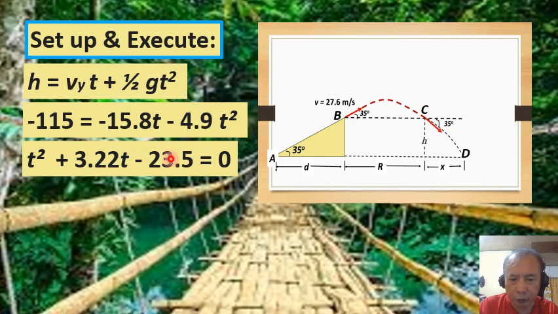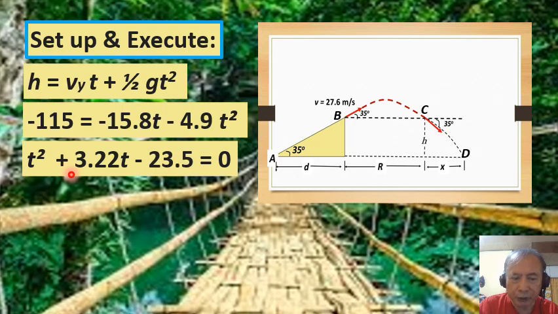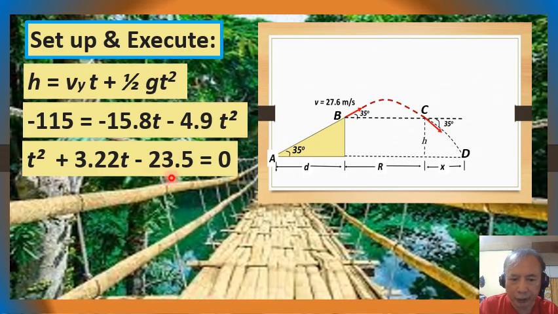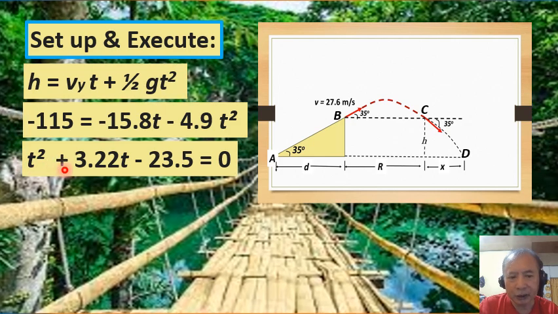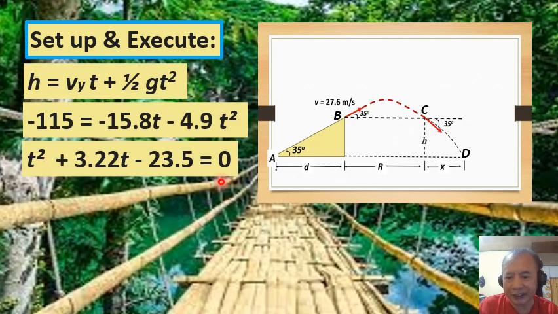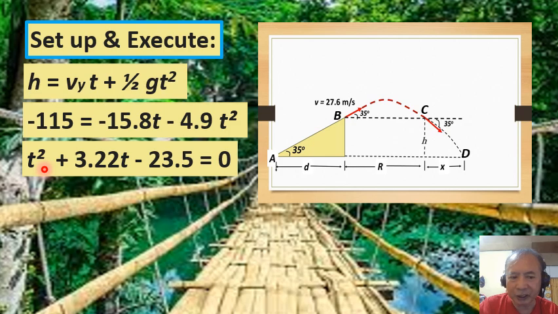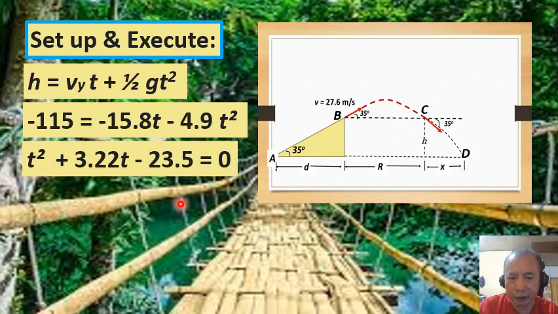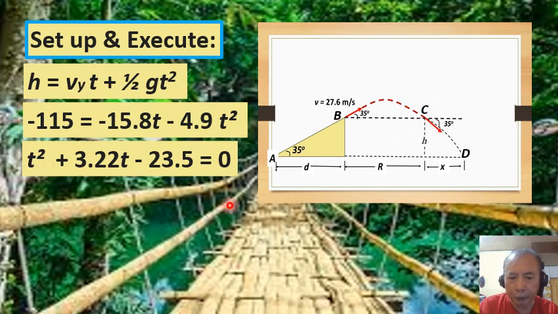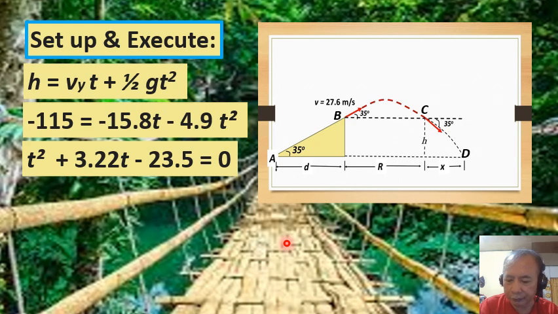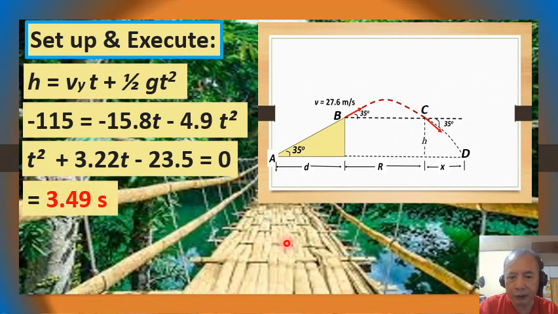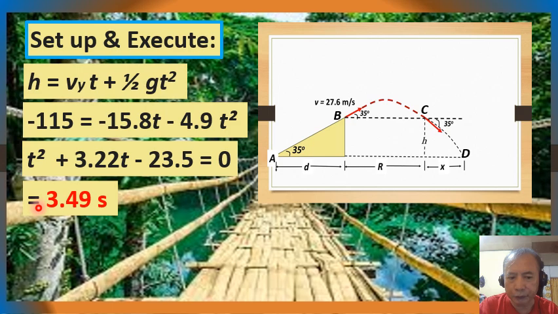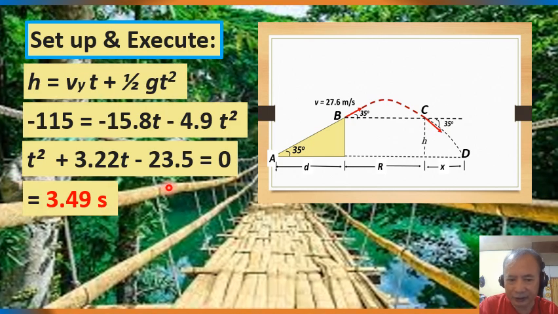As you may all know, simplifying this quadratic equation will actually lead you to two answers for t. One is positive and the other is negative. So we take the positive value of the time t, which is more appropriate in this situation. And that value of the time t is equal to 3.49 seconds.